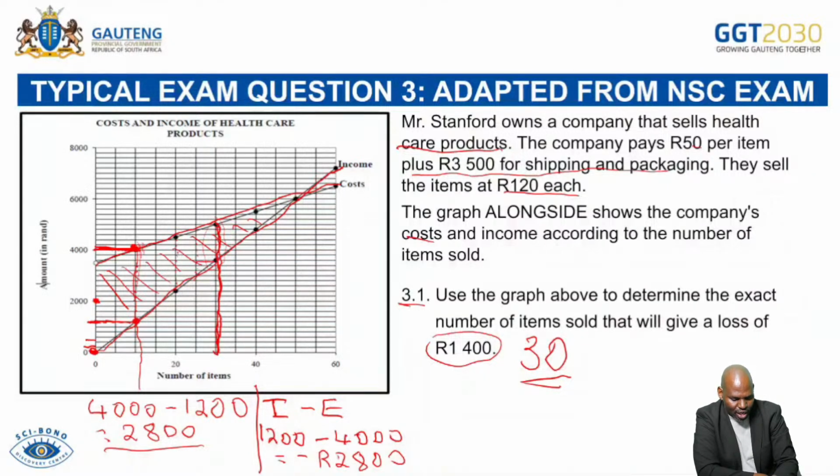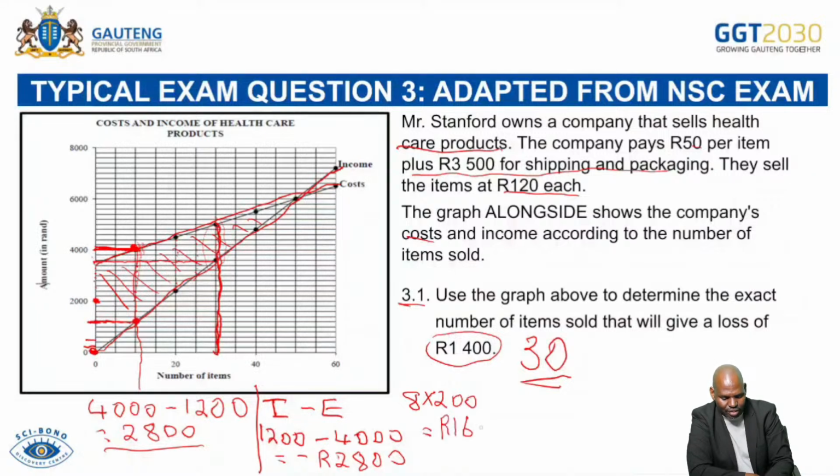The income at this point is 1, 2, 3, 4, 5, 6, 7, 8. So the income is 8 multiplied by 200, which is 1,600.